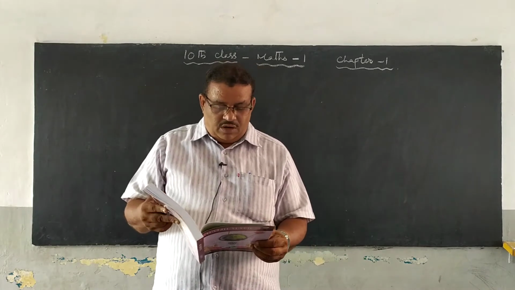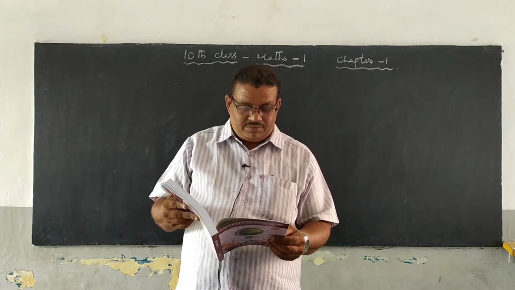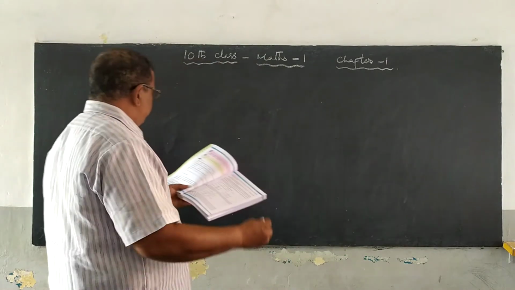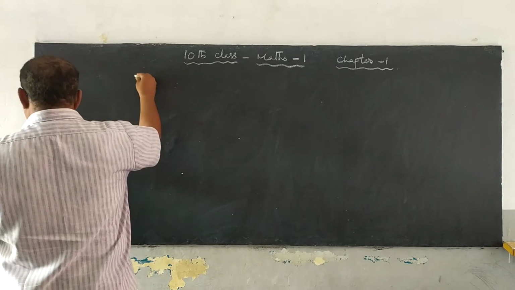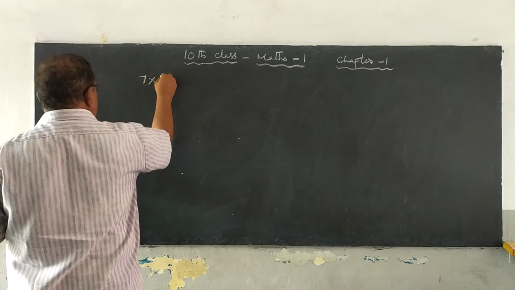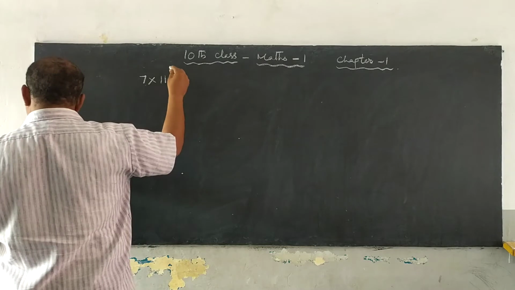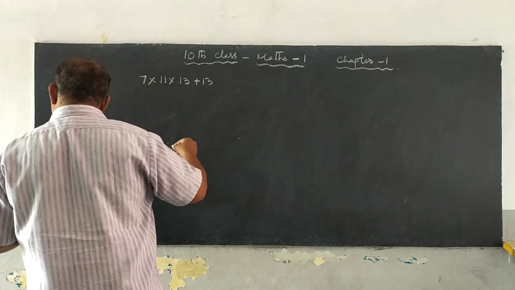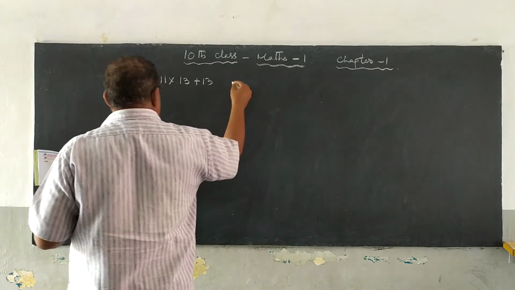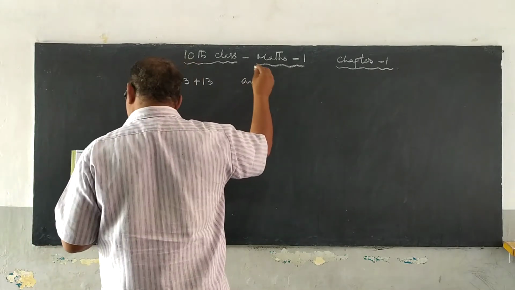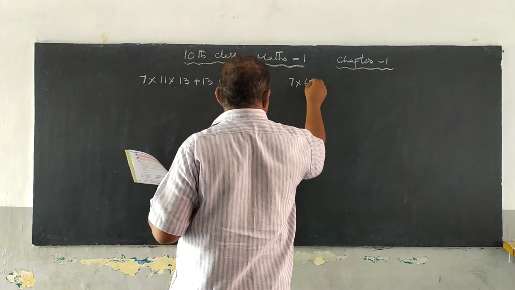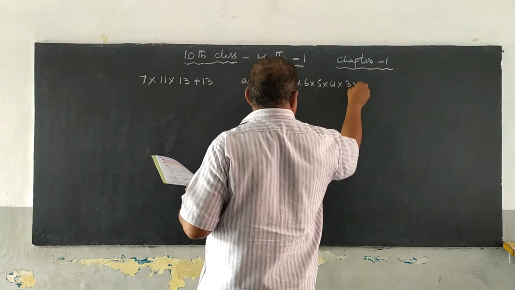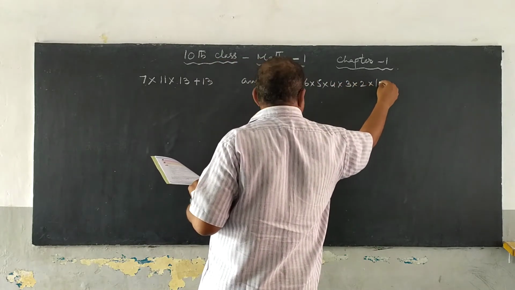Okay, children. Now we are discussing the fourth problem in exercise 1.2: 7 into 11 into 13 plus 13, and 7 into 6 into 5 into 4 into 3 into 2 into 1 plus 5.